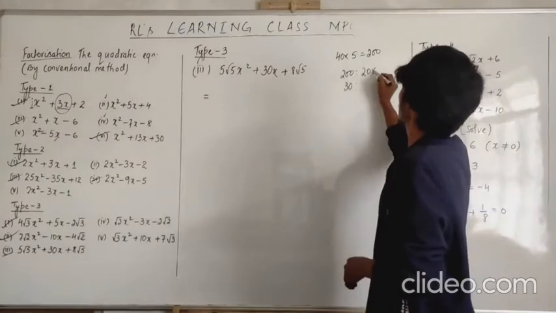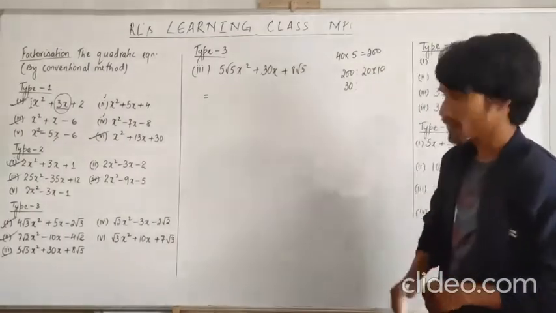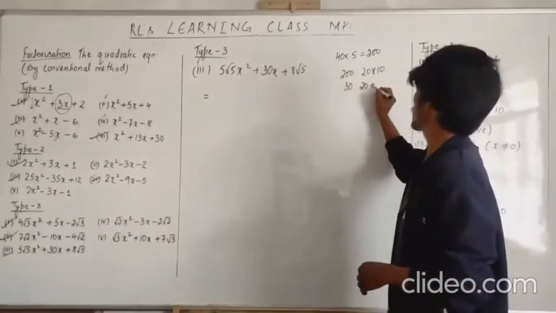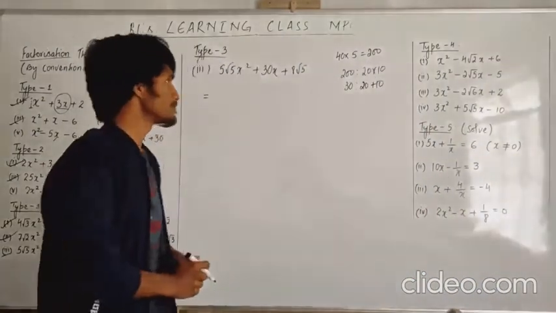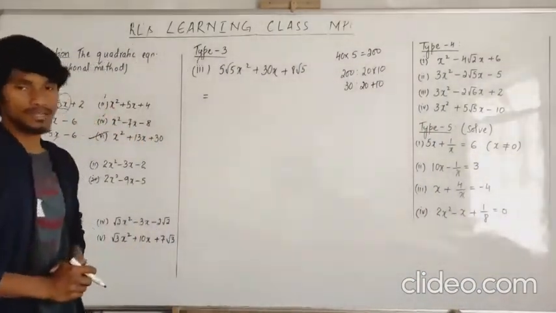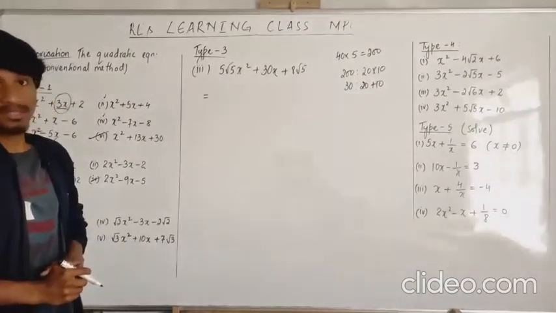Now 20 into 10 is equal to 200 and 20 plus 10 is equal to 30, right?